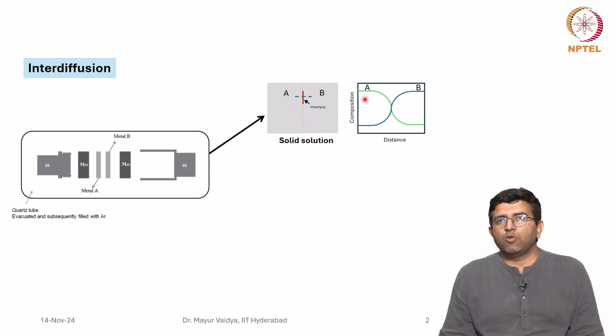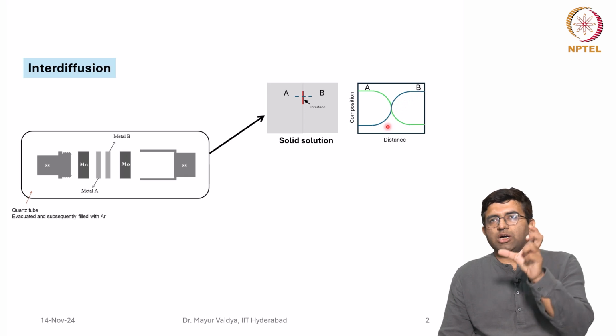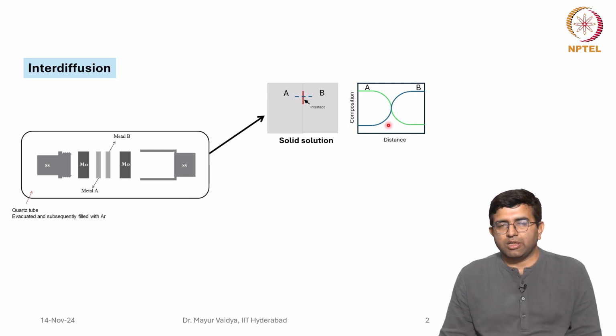In that case you will have a profile something like this. What it means is that the compositions of A and B vary continuously in the diffusion couple. There is no jump that happens here. So this is the solid solution, and it will proceed something like this.